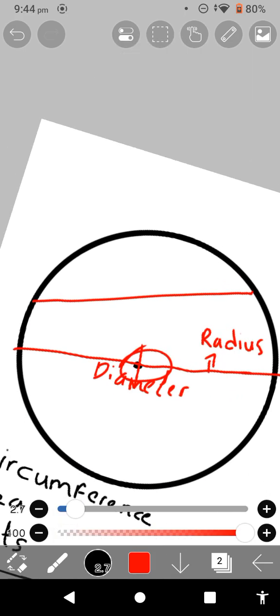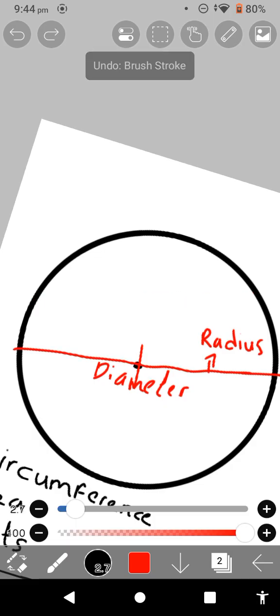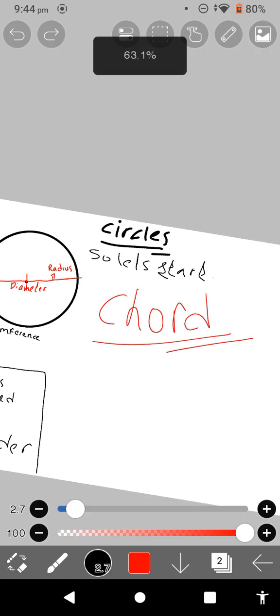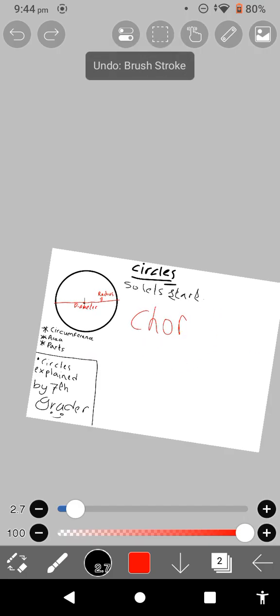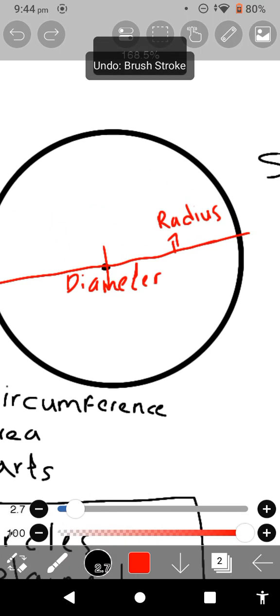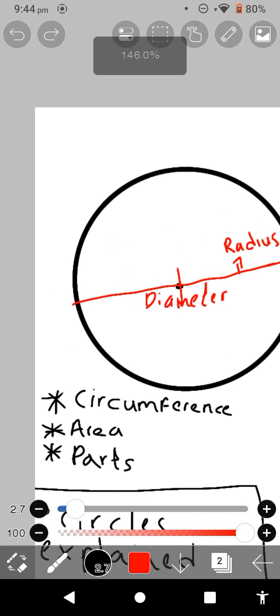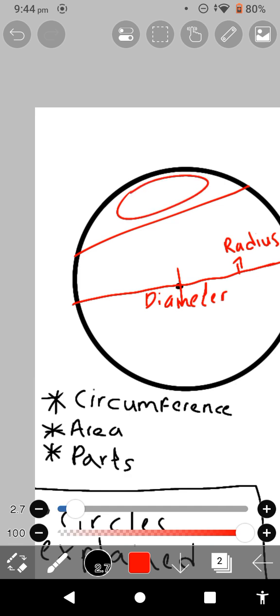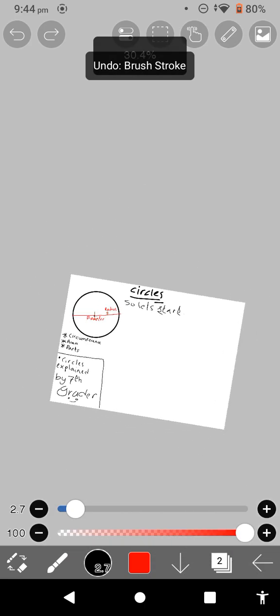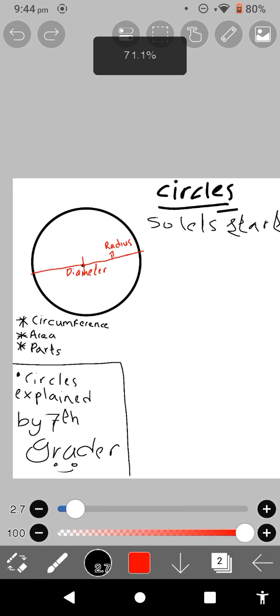It is just a line that goes between two points on the circle. Now, the inner part of a chord is called something that we will cover in the next video about circles, and if you know that part, you should comment it.